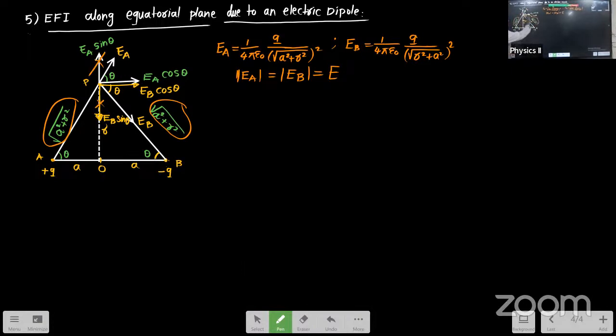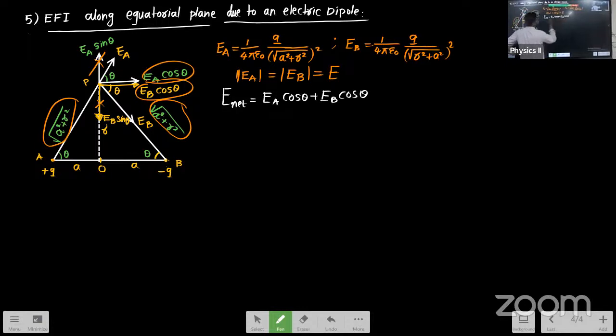So what is the net electric field acting? Here we are having EA cos theta and here we are having EB cos theta. Both of them are acting in same direction or opposite direction? Both of them are acting in same direction. So I can write net electric field E net is equal to EA cos theta plus EB cos theta.